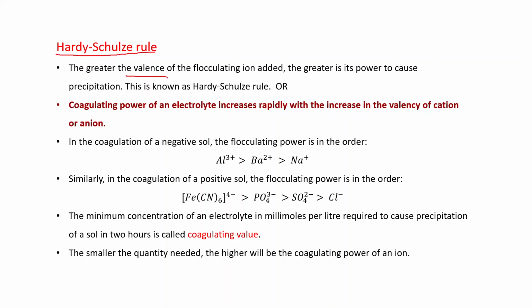The greater the valency of the flocculating, meaning coagulating, ion which is added to cause coagulation, the greater is its power to cause precipitation. This is known as the Hardy-Schulze rule. The more the valency of the coagulating ion, the more the precipitation.